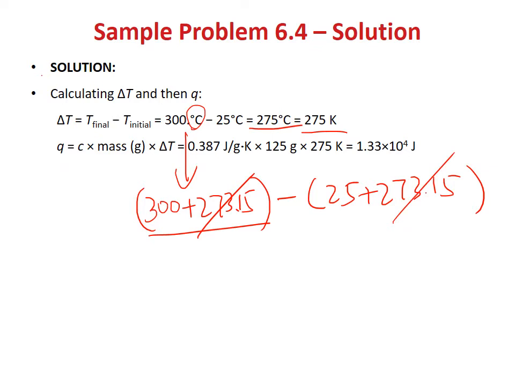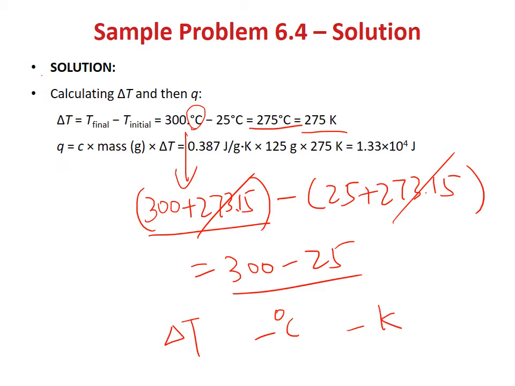They cancel each other, so what you end up with, again, is 300 minus 25. So the conclusion is, when you calculate delta T, even though the unit may be Celsius, the number is the same as Kelvin. So 275 Celsius equals 275 Kelvin. Remember, this is only true for delta T, not for temperature itself. It's the temperature change.